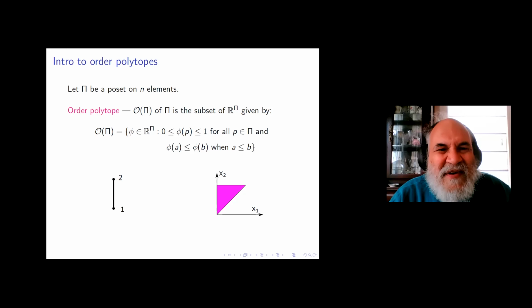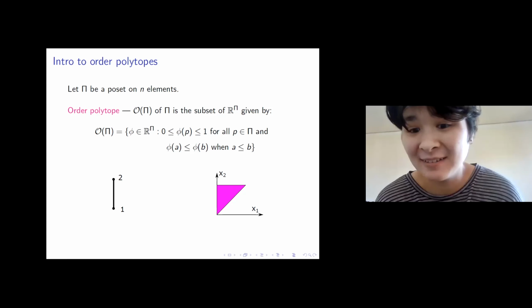Yeah, I have another question. Is it the case that each point in the order polytope corresponds to an extension of the poset to a linear order on the numbers from 0 to 1? That's a really good question.